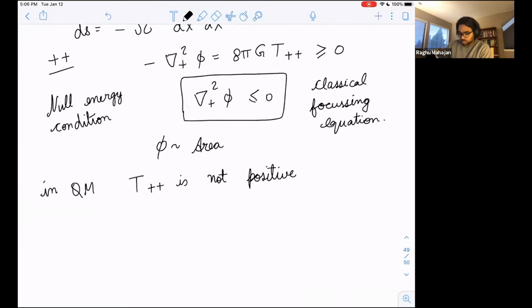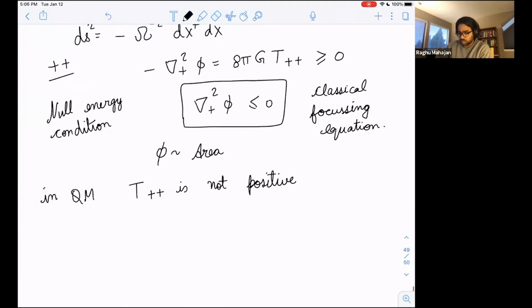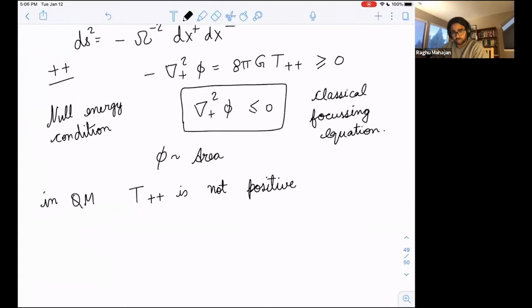In particular, if we have an evaporating black hole, an important case of these energies being negative is that the black hole horizon shrinks precisely because there is a flux of negative energy going into the black hole. So it's very important for black hole evaporation that T_plus-plus not be positive. So we can ask what replaces this classical focusing equation.